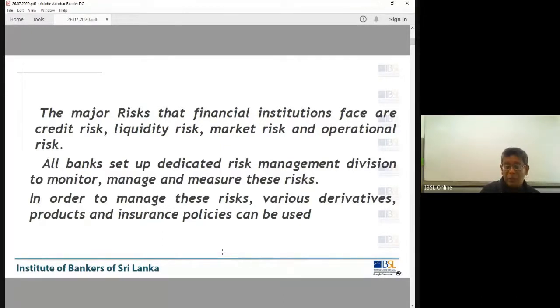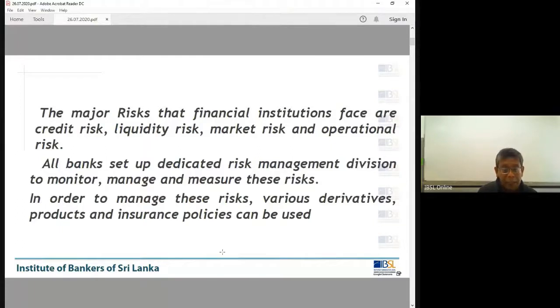Risk management is the duty and oversight of whom? The board of directors, right? You're going to learn all this when you go for DABF, where we discuss corporate governance. There we will discuss the duties of a board of directors. One responsibility of the board of directors is to ensure that your bank has a proper risk management framework, right?